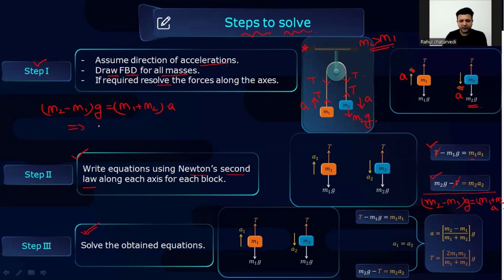So finally, you will get acceleration as (m2 minus m1) into g divided by (m1 plus m2). Clear? The same answer is written here, right? For the tension part, if you put the value of acceleration in any of these equations, you will directly get the value of tension, right? So tension you will get 2 m1 m2 upon (m1 plus m2) into g. So this is how you can solve the problem.